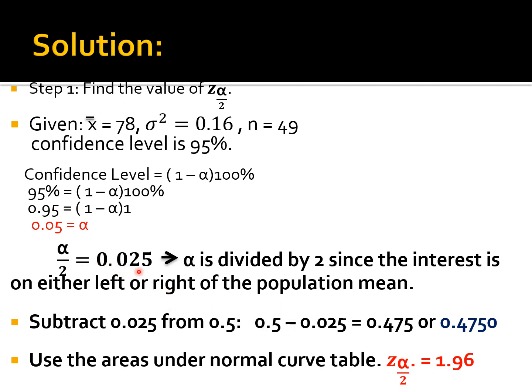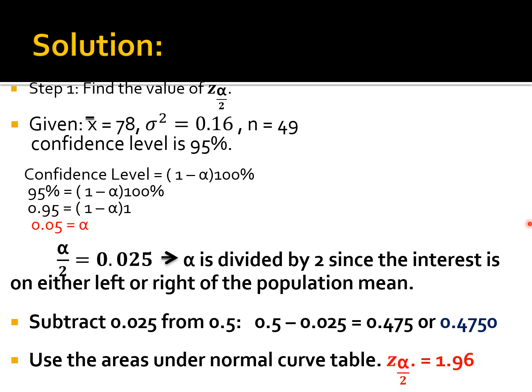So 0.5 minus 0.025 gives us 0.475, or 0.4750. I added a 0 here since the z table, the areas under the normal curve table, has 4 decimal places. And then the value of z with the subscript alpha over 2 is now equal to 1.96.